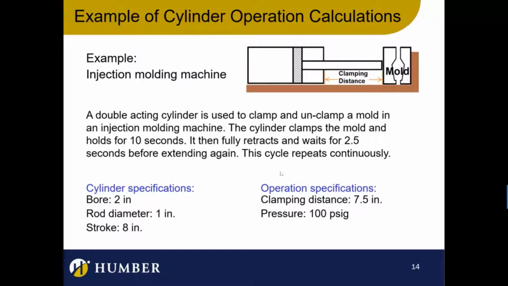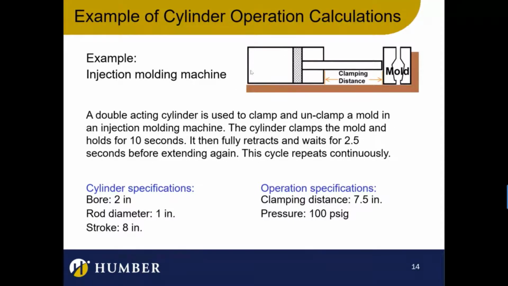Here's a description of the operation. We've got the bore diameter, rod diameter, and stroke. We've got the clamping distance, and we're dealing with 100 psig. If we wanted to, we could calculate the force. But here, the cylinder clamps the mold and holds it for 10 seconds, and then it fully retracts for 2.5 before doing the whole thing again.